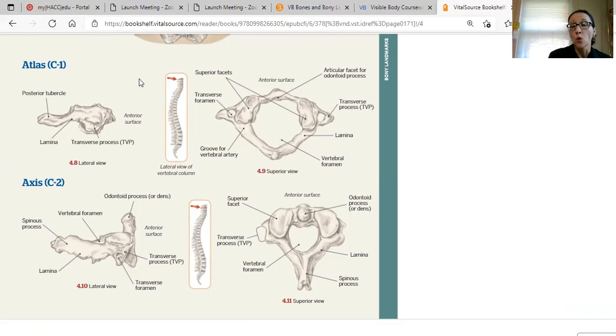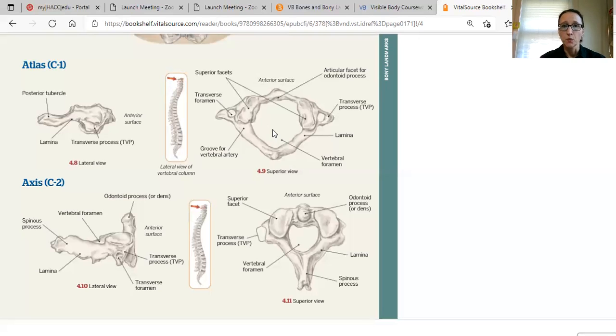Sort of its only role is to hold the head. So that's what it does really well. And that's actually why it is called the Atlas. If you remember from your mythology, Atlas was doomed to carry the world on his shoulders. So he actually held the world on his shoulders for his entire life or eternity. And that's really what this vertebrae does. It holds the head on top.